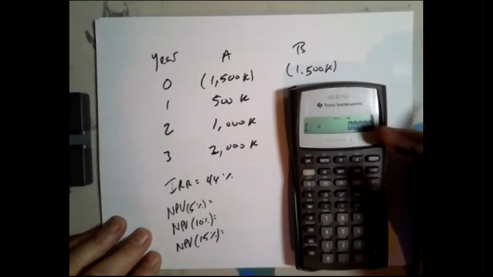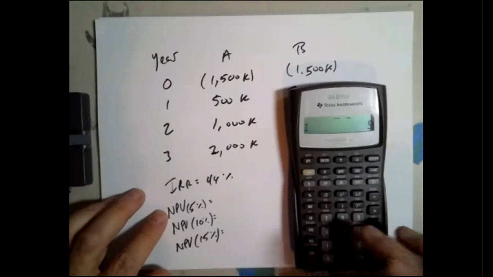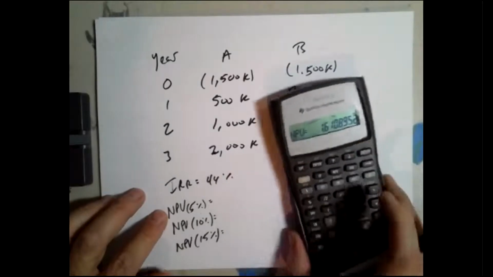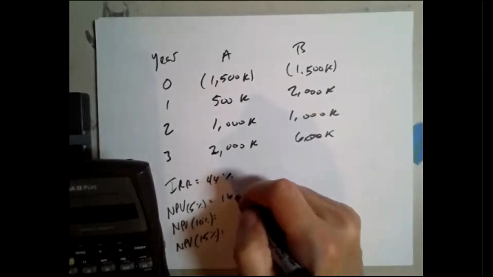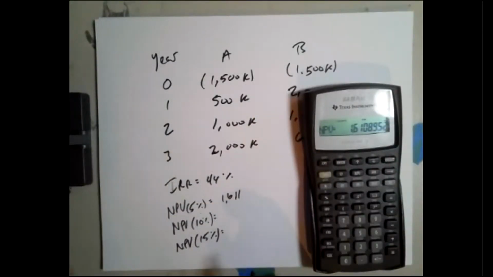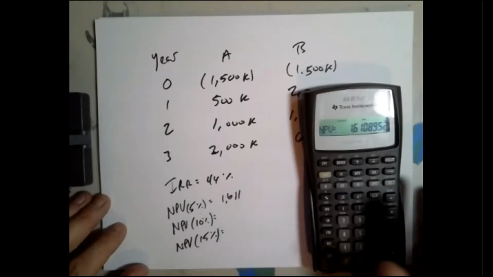It asks what's the I, and the I is the discount rate. So we start with an I of 5%, hit enter, scroll down, hit compute, and we get 1,611 for an NPV at 5%.